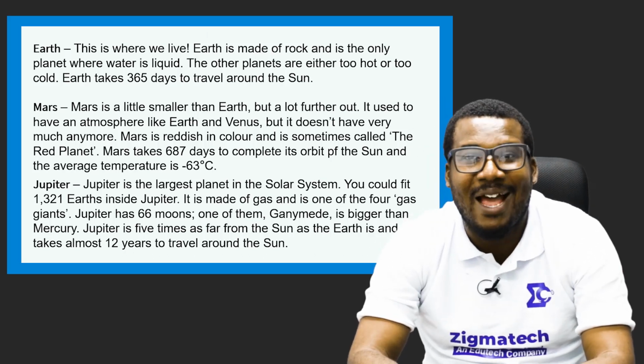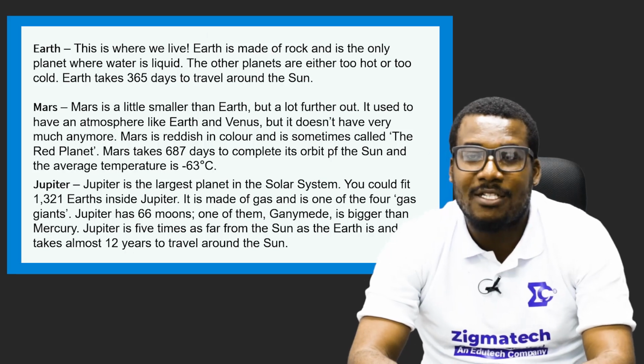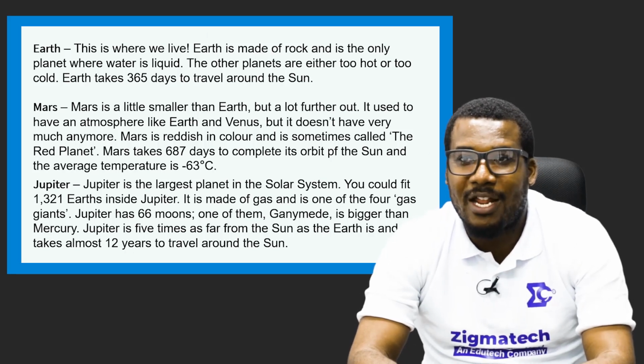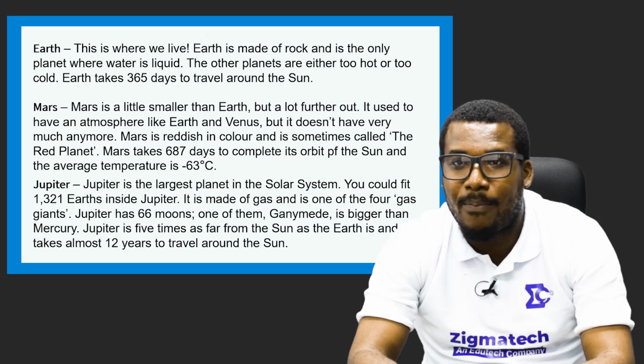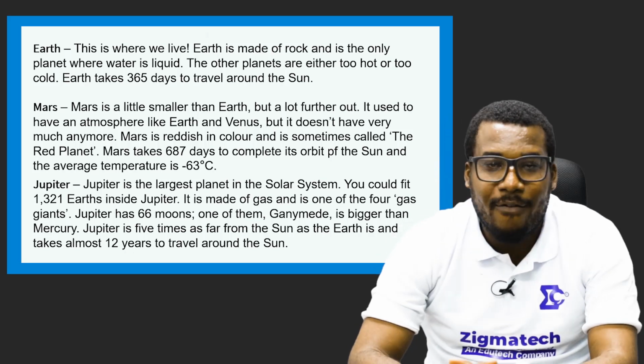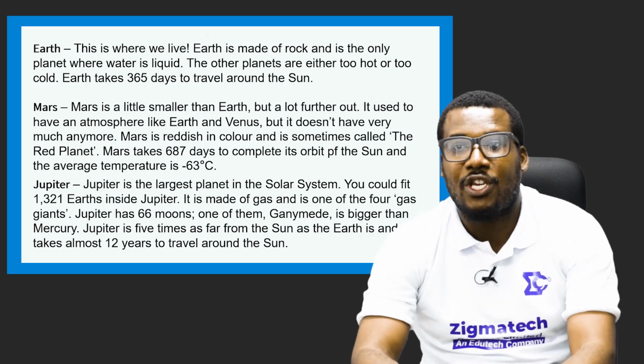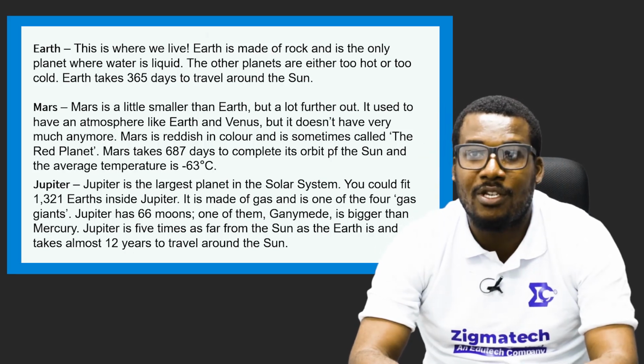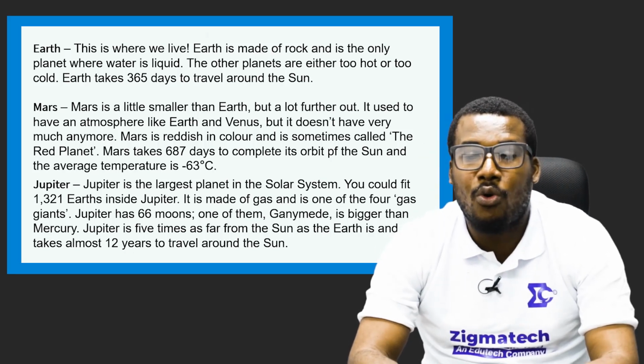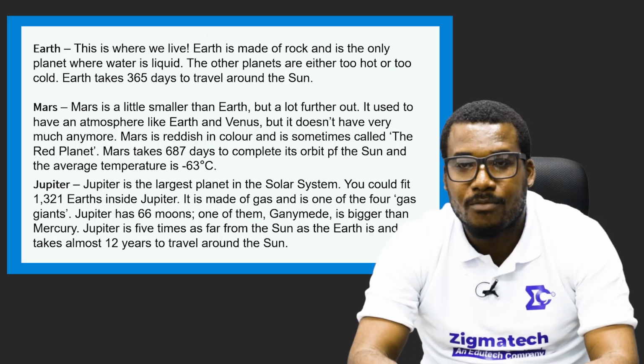So it looks like a wasteland, a barren wasteland. Mars takes 687 days to complete an orbit around the sun and has an average temperature of minus 63 degrees Celsius. So it's a lot colder there.